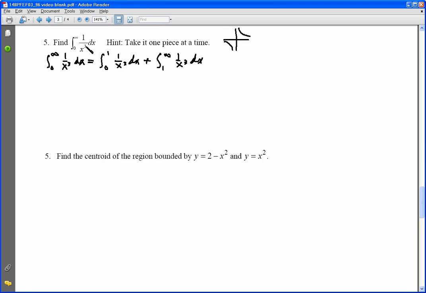And then in order for this integral from 0 to infinity to have a value, both pieces here have to be finite. Now this one here we know is finite by the p-test. Okay, so we know that one's finite. So just notice here that this guy, this is finite by the p-test.